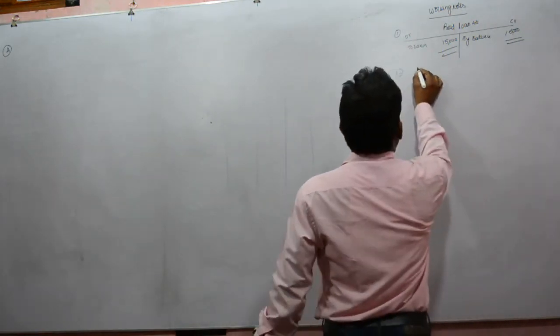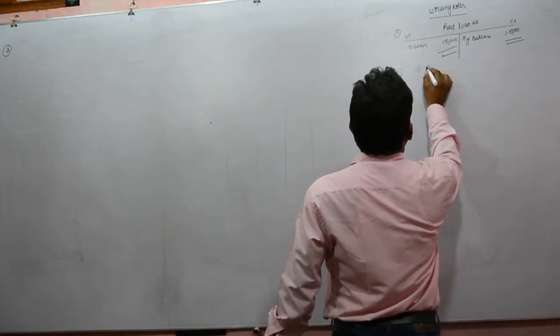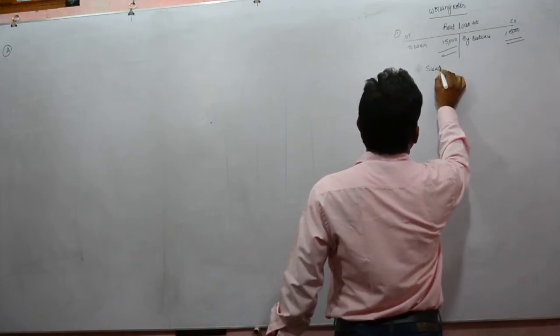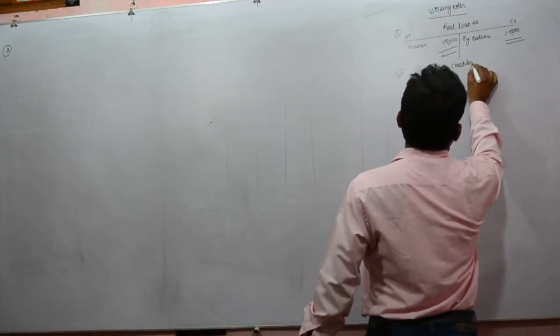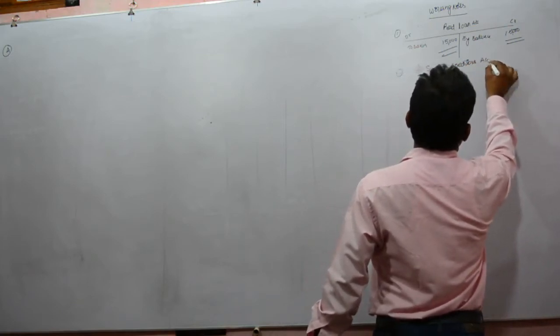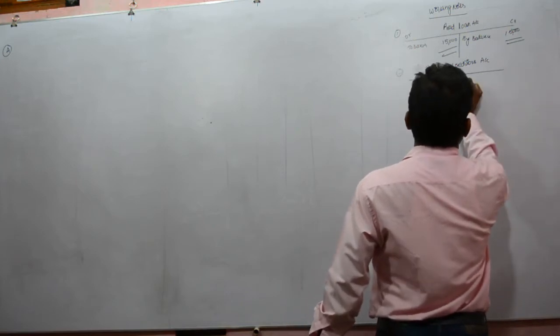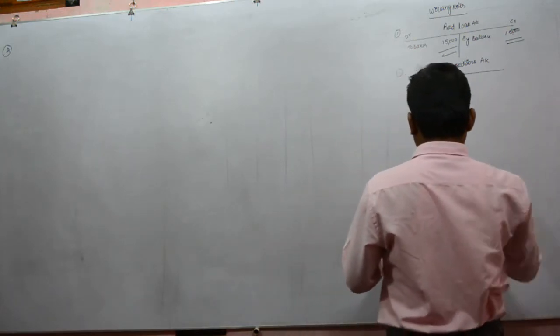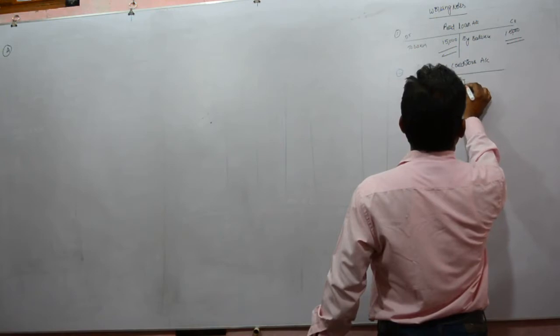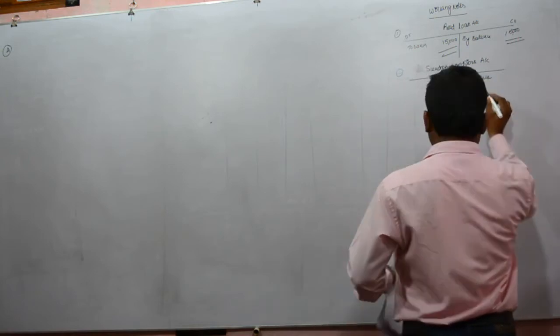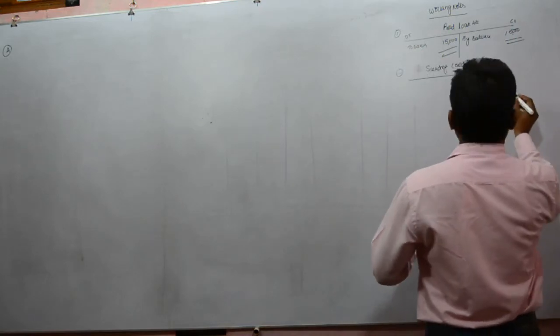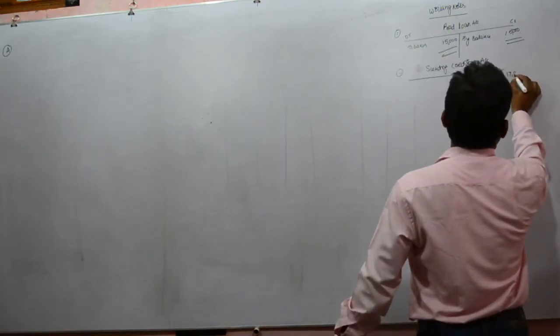sundry creditors account. See, balance 17,800.